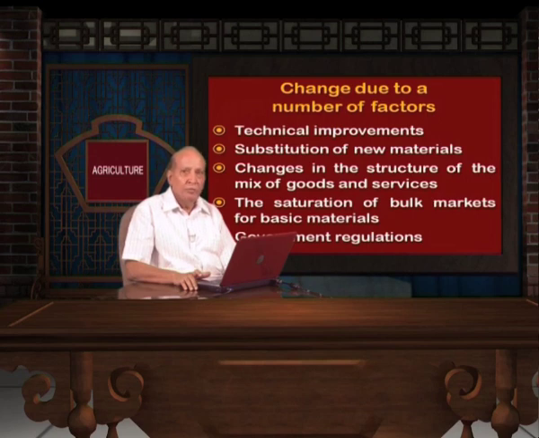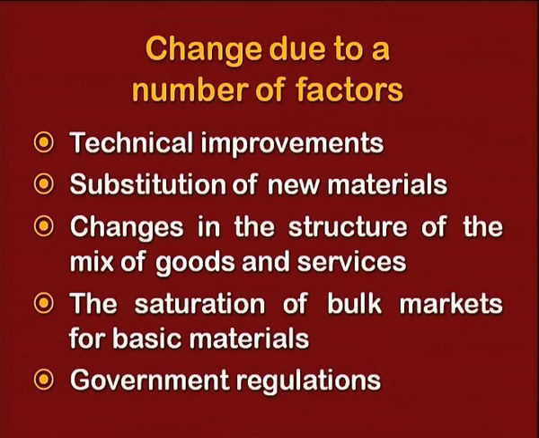These are the factors which can change the resource intensity, that is technical improvement. If there is any technological improvement, the same resources will change the intensity. Substitutions or new material, changes in the structure of the mix of goods and services, the saturation of bulk markets for basic material, or government regulations.